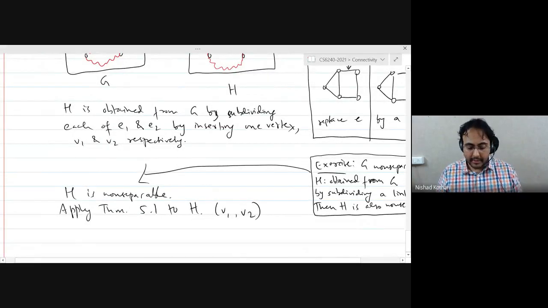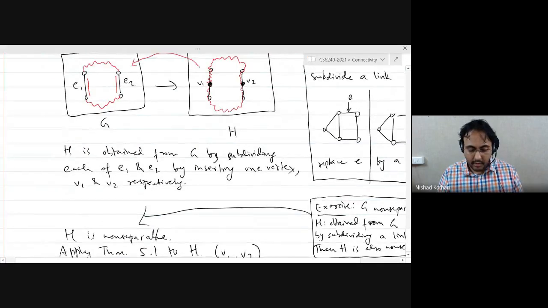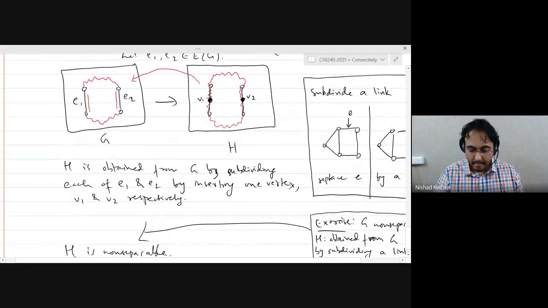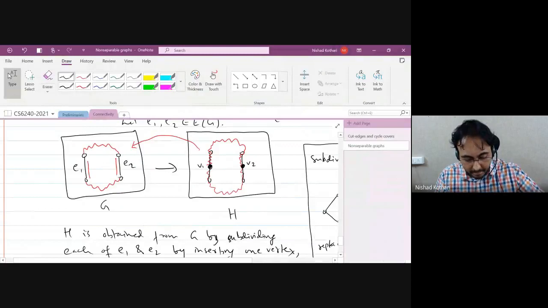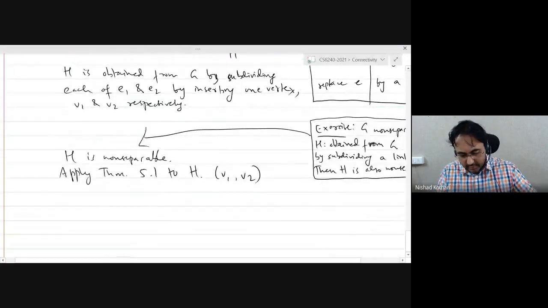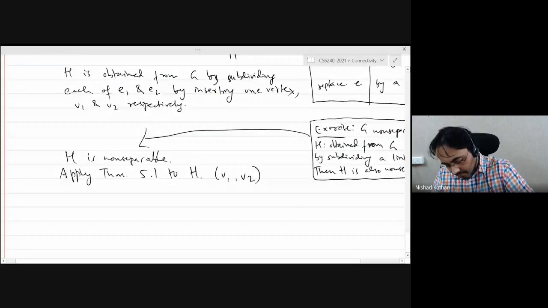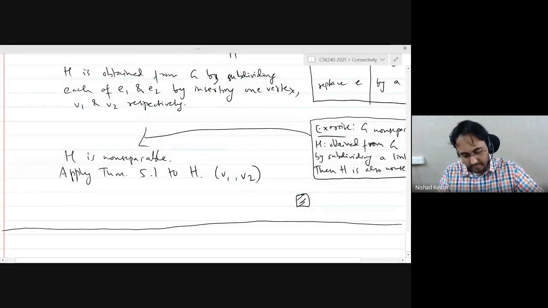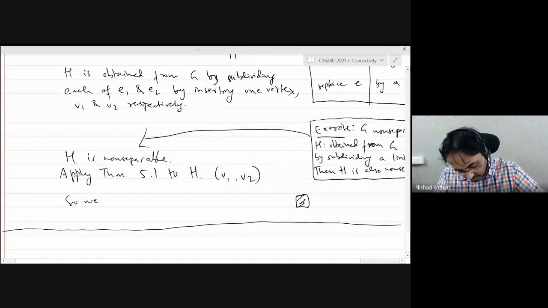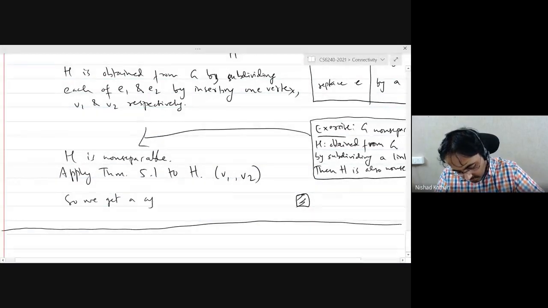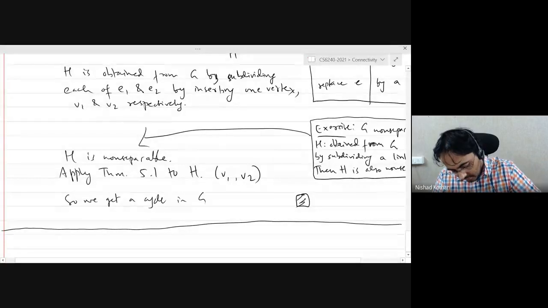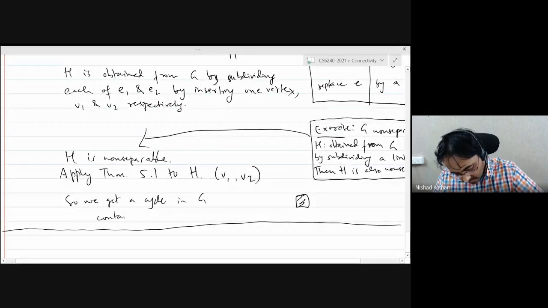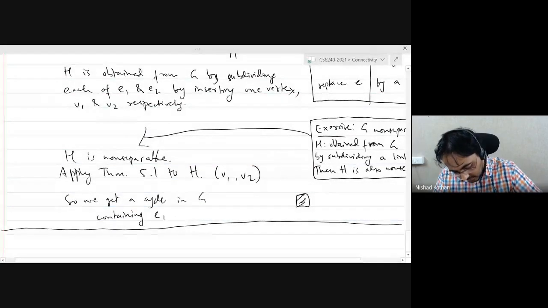And using that, you just apply theorem 5.1 and you're done. Any questions or concerns? So we get a cycle in G containing E1 and E2.